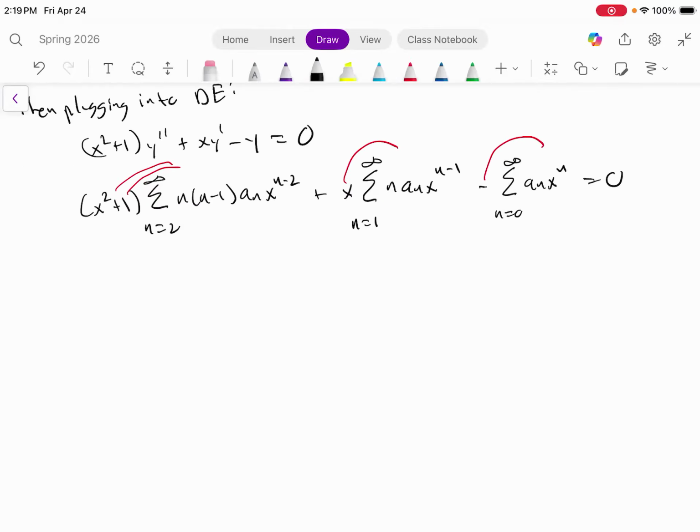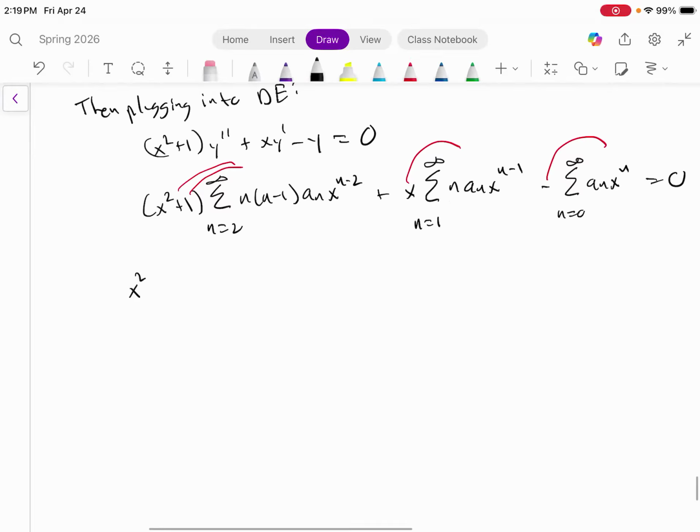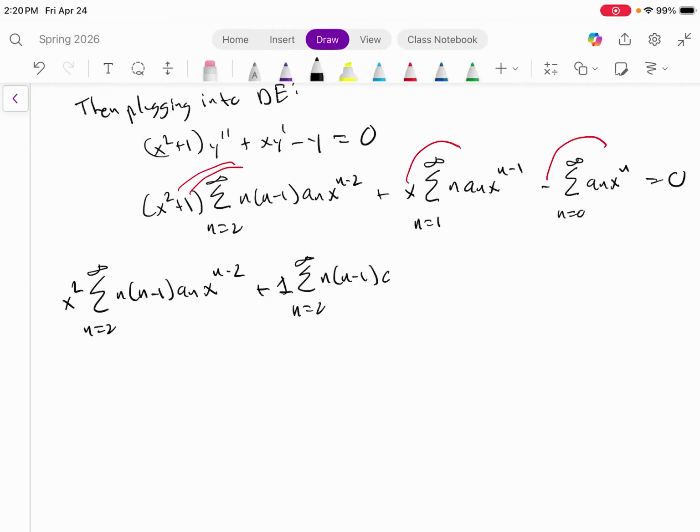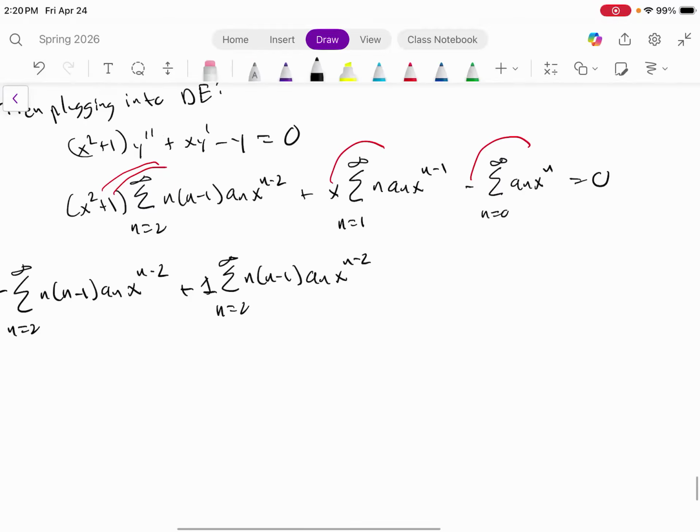What we have now is x squared times a series starting out at n equals 2, plus 1 times that series starting out at n equals 2, plus, distributing the x now, n a sub n x to the n.